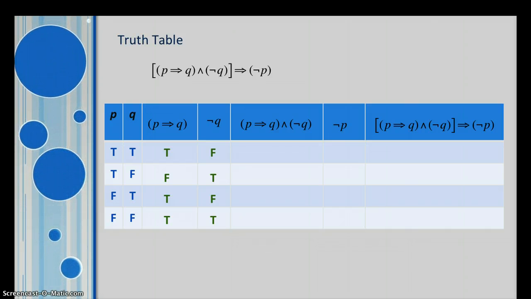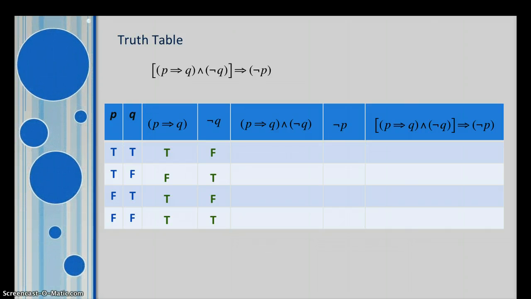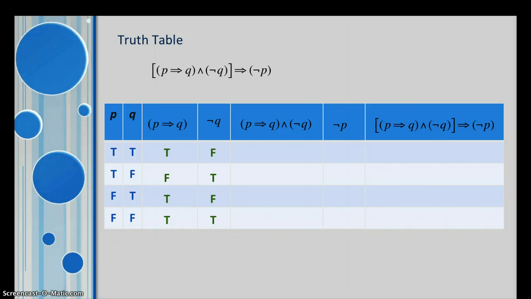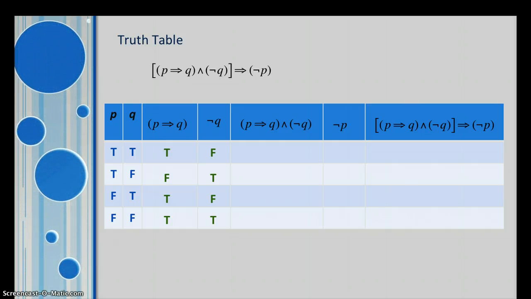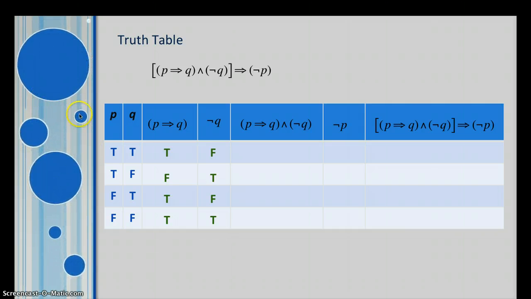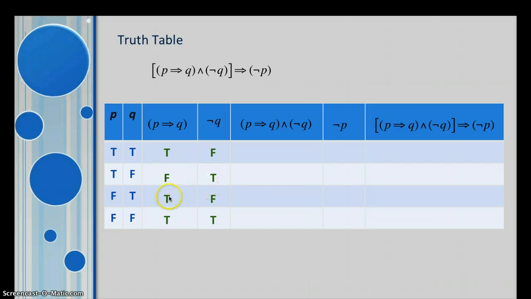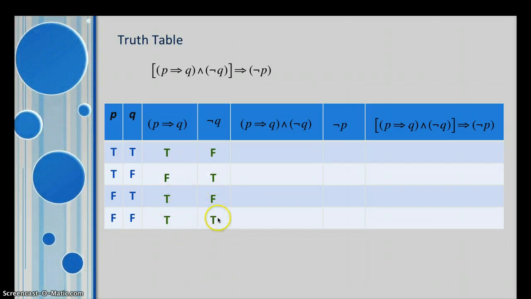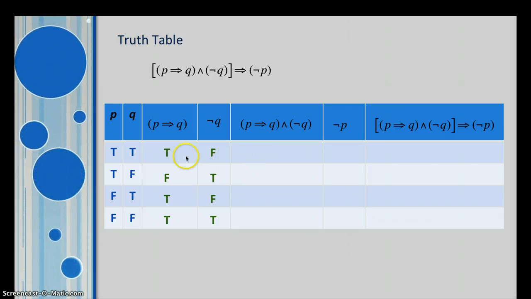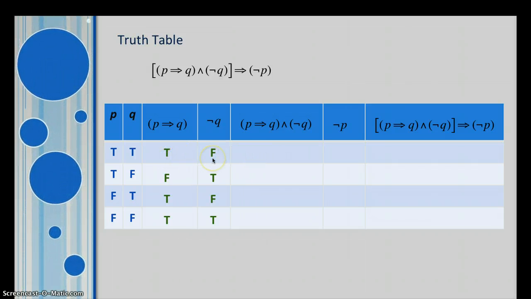Now this time, take a look at the symbol. If P then Q, you already have the value for that on the third column. And then the negation of Q is in the fourth column. On this column, we are comparing and using the green ones. This is color-coded so that you can easily follow. So for the first one, it is true and false.